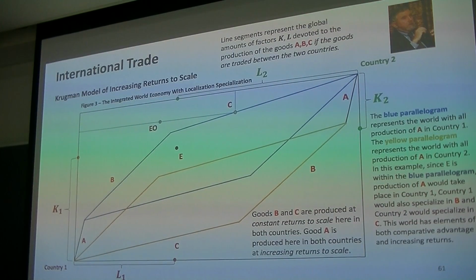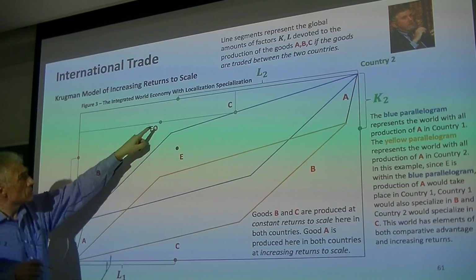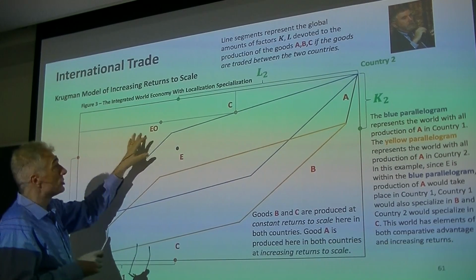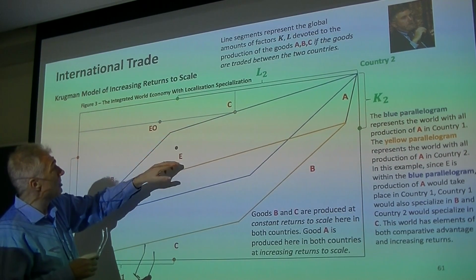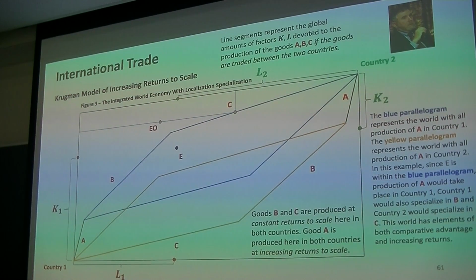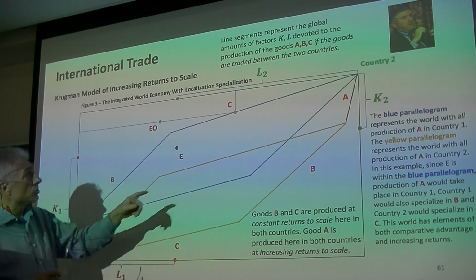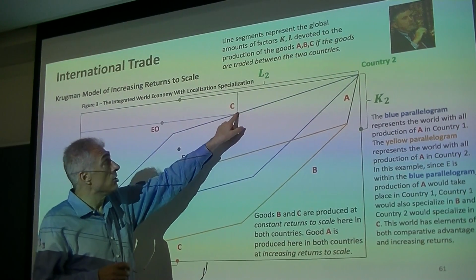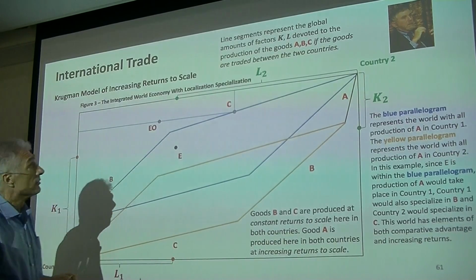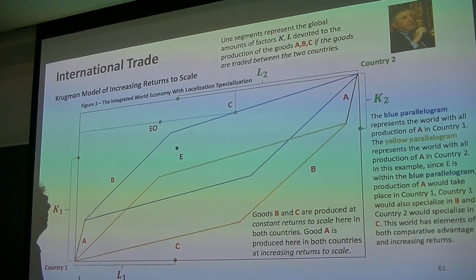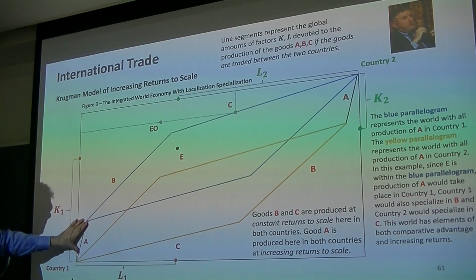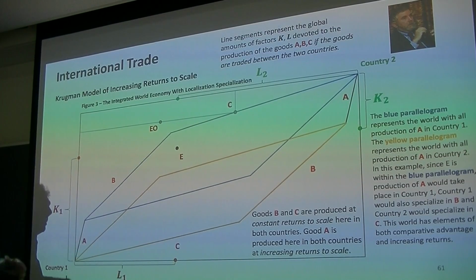There's no gain from trade, because this country has so little capital and a lot of labor, and even if they try to specialize, they can only get to this point on the production possibility curve. That's all they can get to. So country 1 would have to... it's impossible for it to specialize in this case.